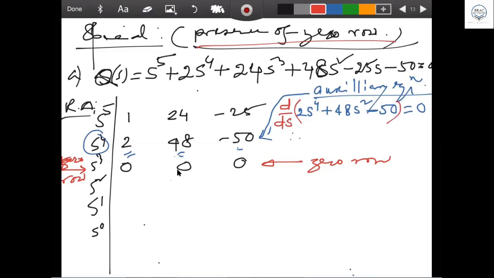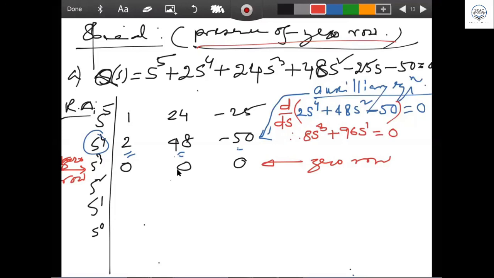If you take the derivative, we get 8s cube plus 48 into 2, which is 96, s to the power 1, plus 0, because the derivative of a constant is 0.